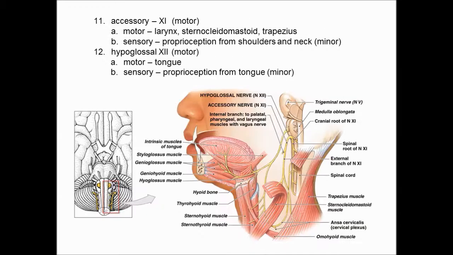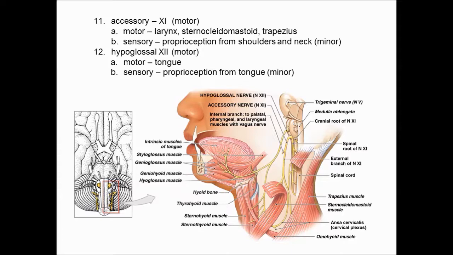Okay, the next one is 11. We used to call it spinal accessory. Now they're calling it accessory. It's kind of an interesting nerve in that, as nicely pictured here, part of it comes from cervical branches, spinal nerves in the cervical region that go up through the foramen magnum and then come back out through the cranium.